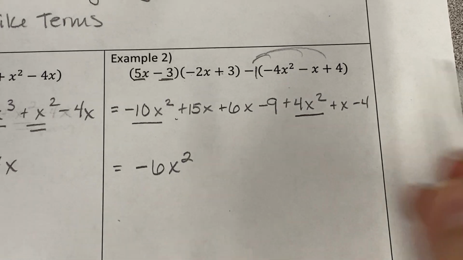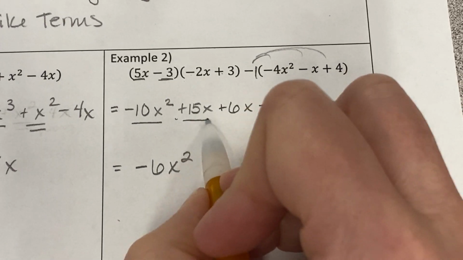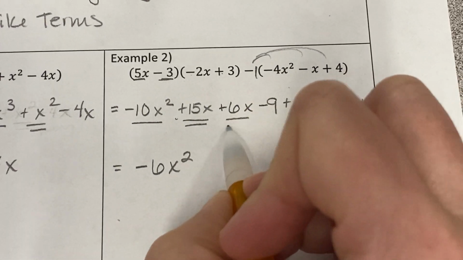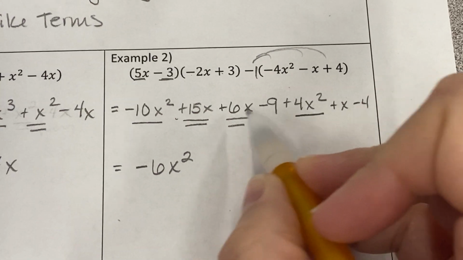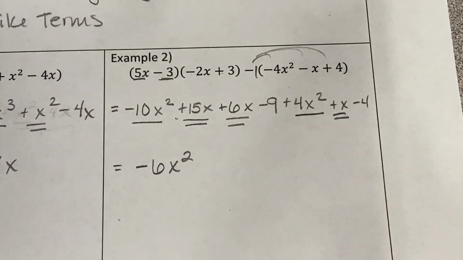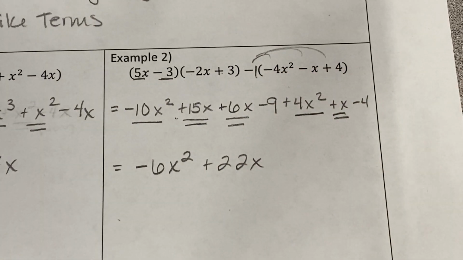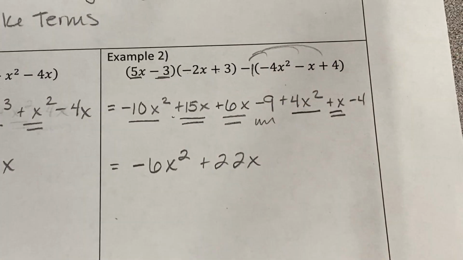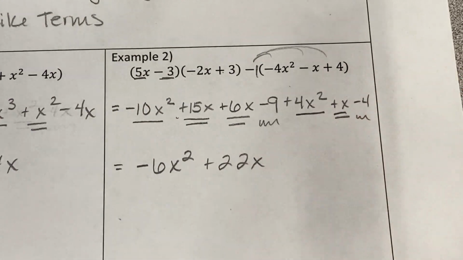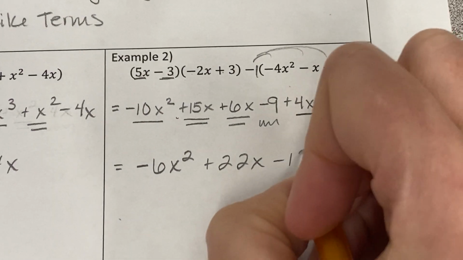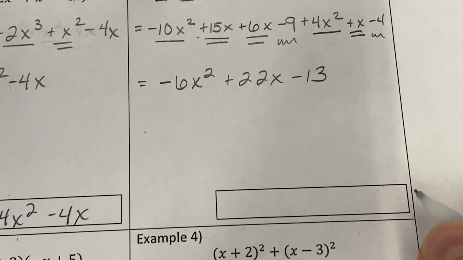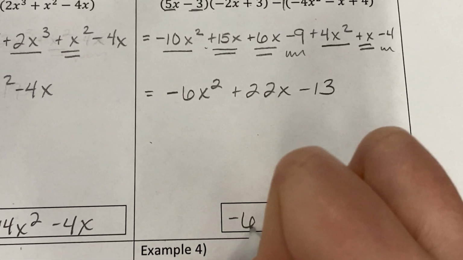Then my x's, let's see here, 15x plus 6x is 21x, plus another one would be 22, so plus 22x. And then finally, negative 9 minus 4 is negative 13. Okay, so I'm going to recopy that here.